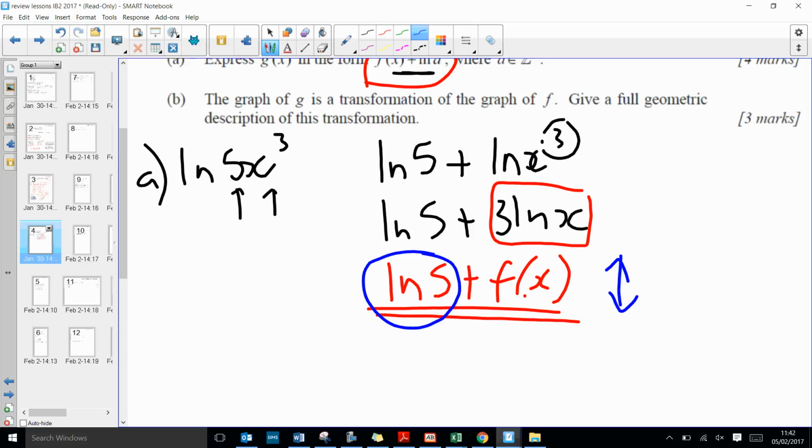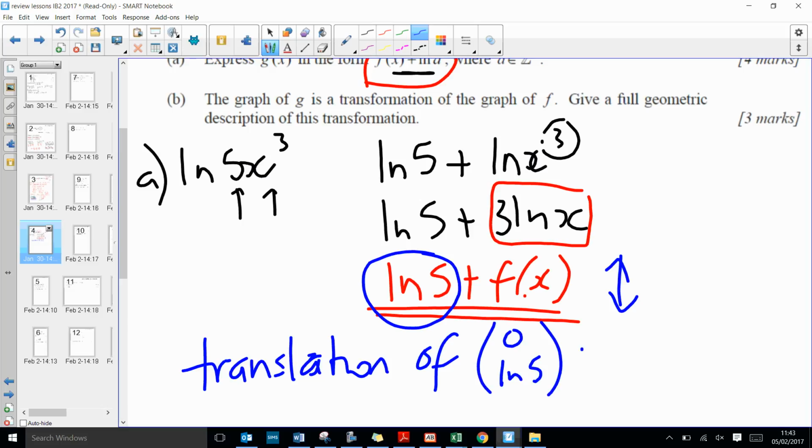So you should use proper geometric descriptions. So it would be a translation of, it hasn't gone across, but it has gone up.